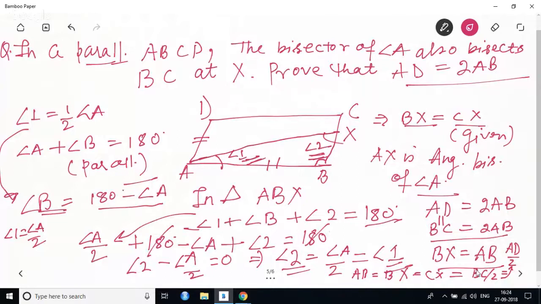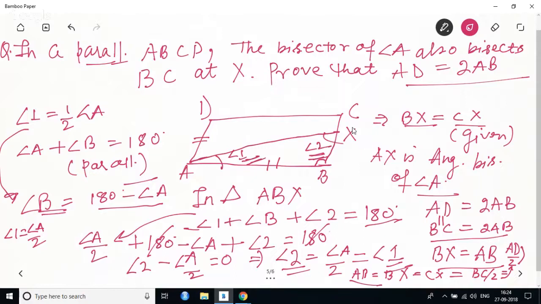So I have proved here that this side AB is half of AD, or AD is 2 times AB. So in this question, the question was all about proving that.